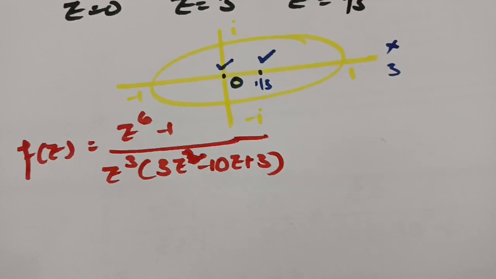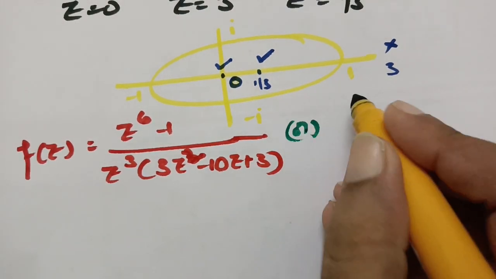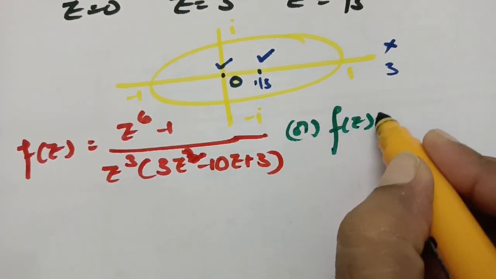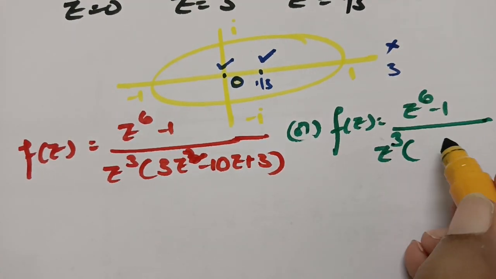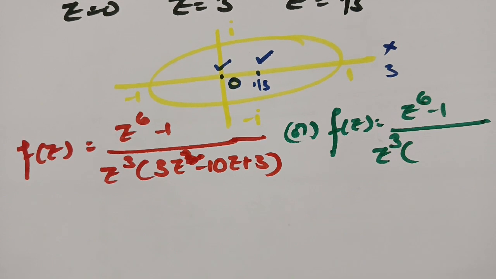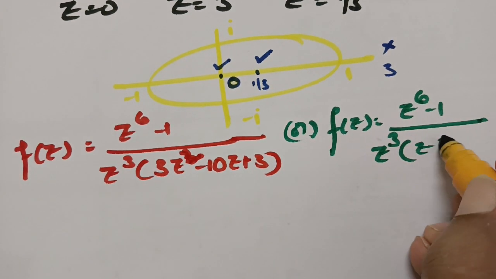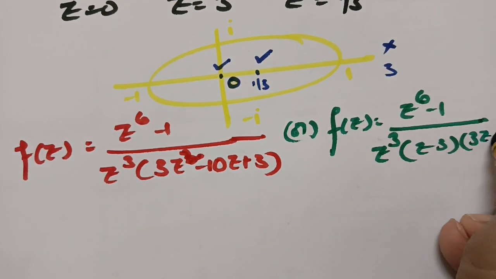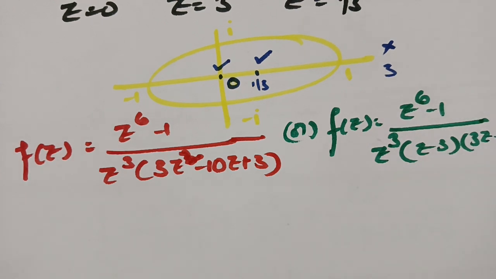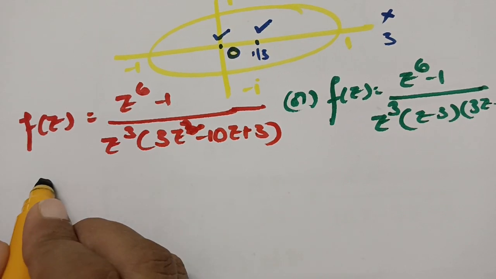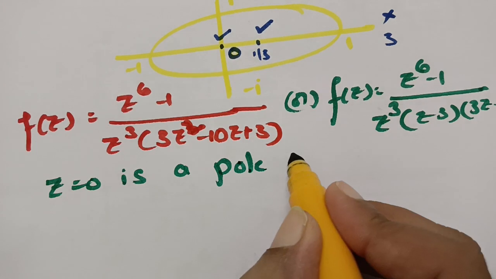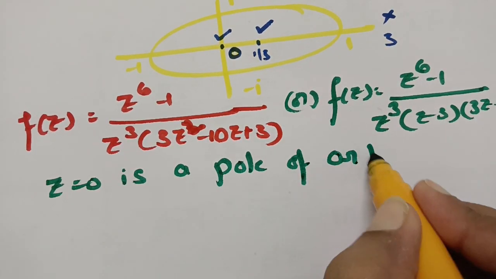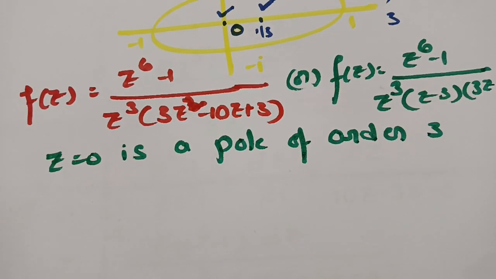Or else f(z) can be written as (z^6 − 1) by z³ into the factors (z − 3) and (3z − 1). So these three are the factors. First of all, 0 is a pole. Here z = 0 is a pole of order 3.